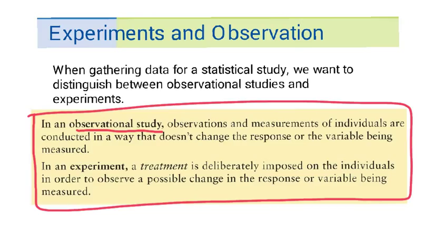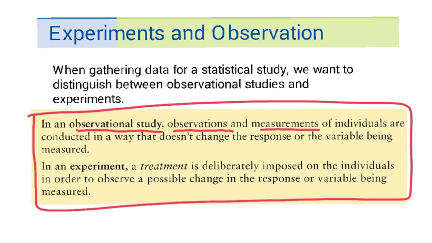So we're not affecting them in any way. We're just observing and taking measurements. Okay? So this might be if we're out in the wild and we're looking at the lions and we're trying to understand lion behavior. We're not doing anything to the lions. We're just watching, we're monitoring, we might be gathering data, but in no way are we affecting lion behavior.